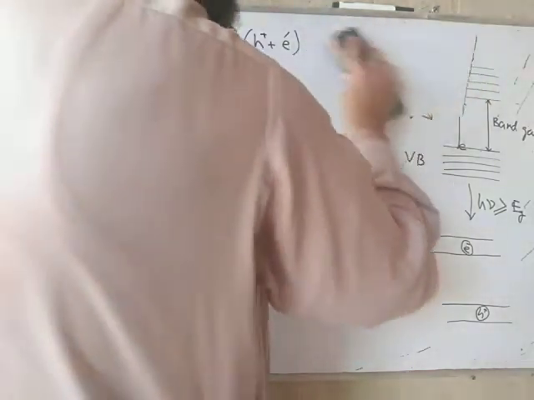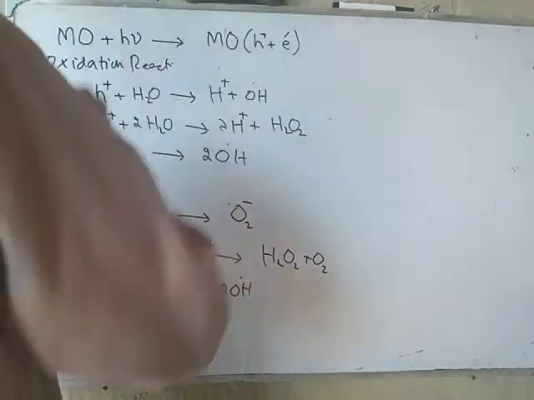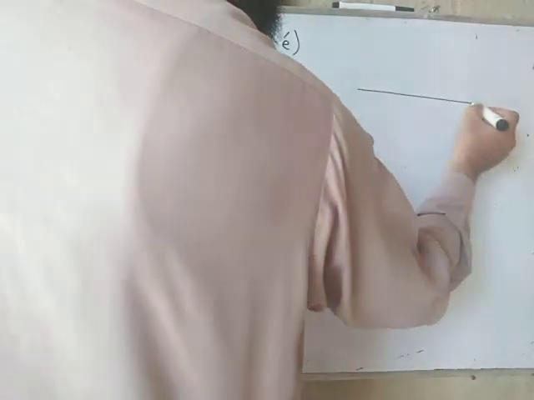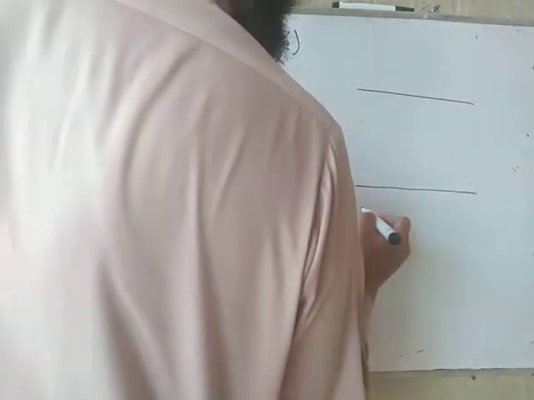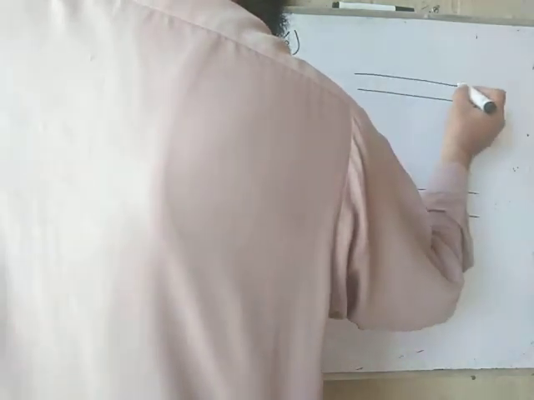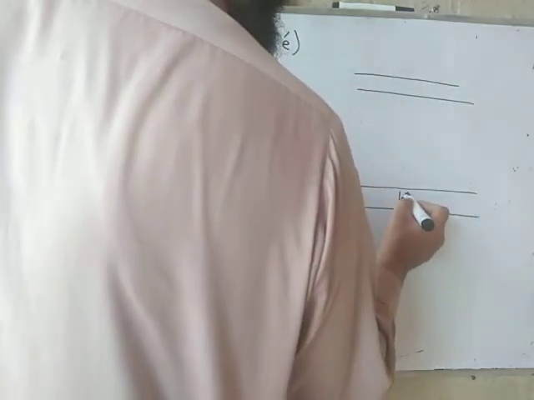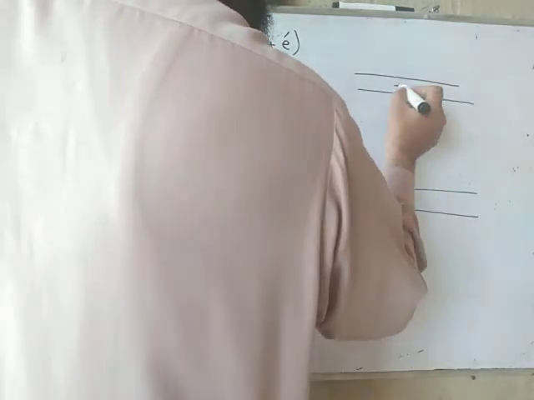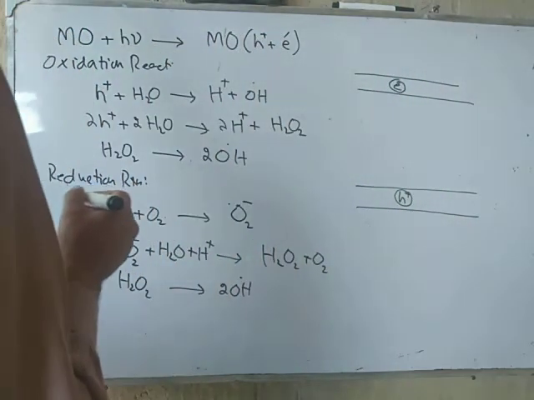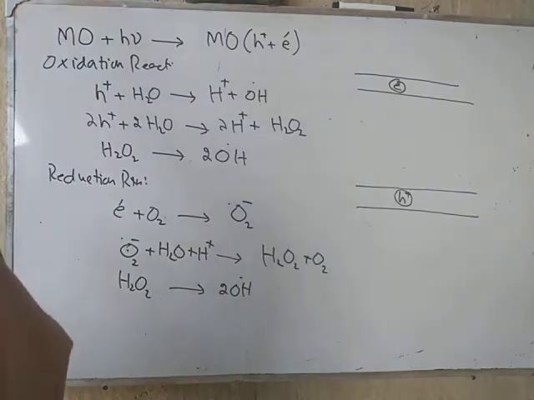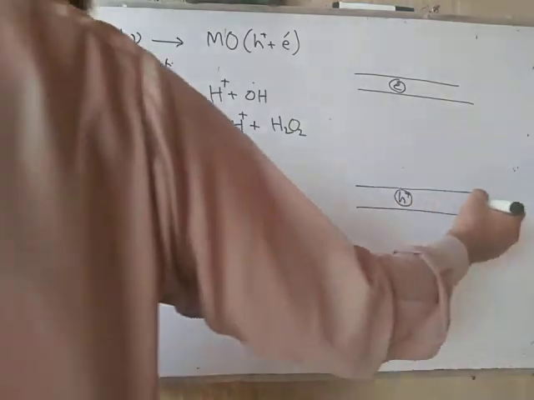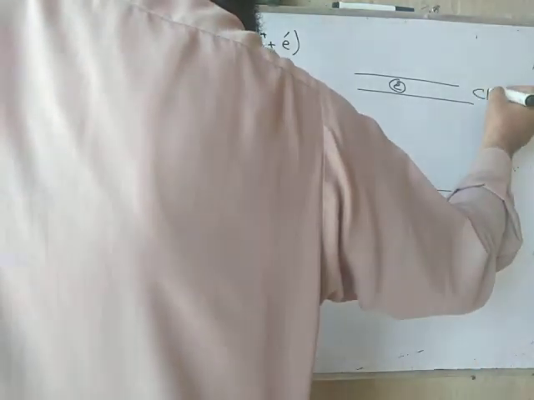अगर हम इसको ग्राफिकली रिप्रेजेंट करते हैं, यहाँ पर है H प्लस होल और इधर है इलेक्ट्रॉन in the valence band and conduction band. ये वैलेंस बैंड है, ये कंडक्शन बैंड है.